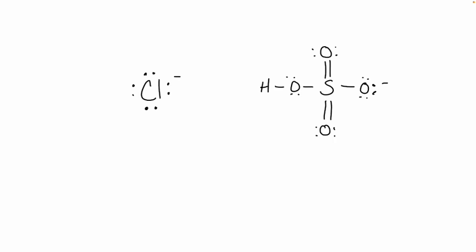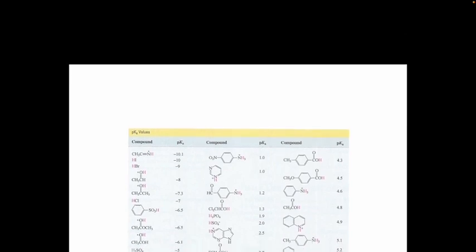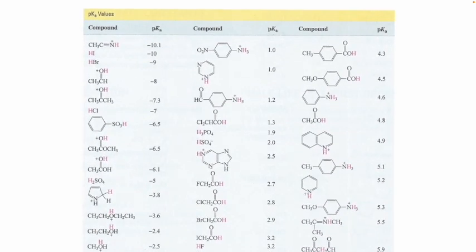But we have a grandmaster cheat sheet for comparing acid strength here, what is called a pKa table. Okay? So this is from an appendix. This is actually a different book. I just like this table more. It's got more information on there. But this compares the pKa values of a bunch of different acids. Okay?